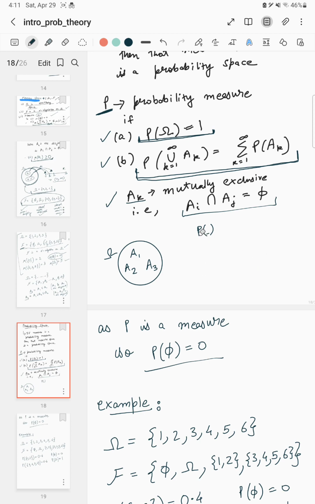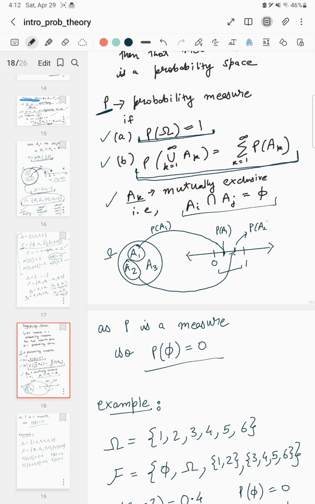To visually represent this, you can represent it on a number line. This is 0, this is 1. Let's say an element of the sigma algebra A1; P of A1 would point to some real number between 0 and 1. So this is P of A1. Similarly, P of A2 would point to some real number between 0 and 1. We can call this P of A2.